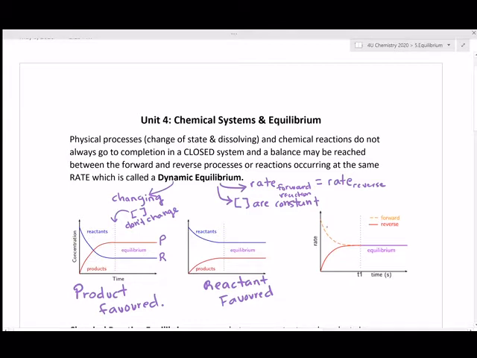So the forward rate will get slow, but because you're now making products, the rate of the reverse reaction, where the products are going to react to make reactants, sounds kind of weird, it's going to get faster because its concentration is getting larger and therefore collisions can happen. But at some point when we hit equilibrium, this is where we're saying the forward rate and the reverse rate are going to be the same.